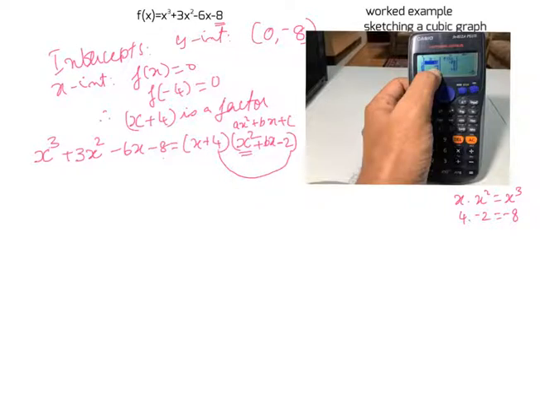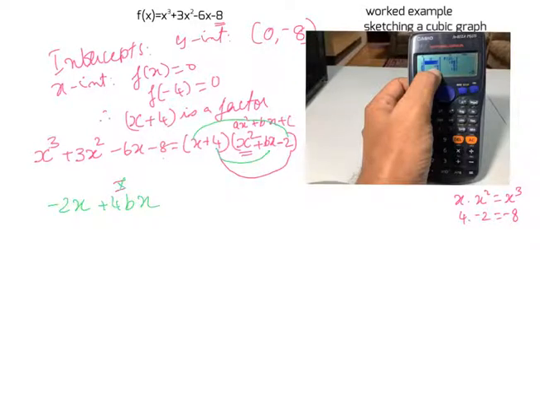So what I can do is an inspection method: look at the x terms only. x times negative 2 will give me negative 2x, and then 4 times bx, plus 4bx. No other terms involve x only.